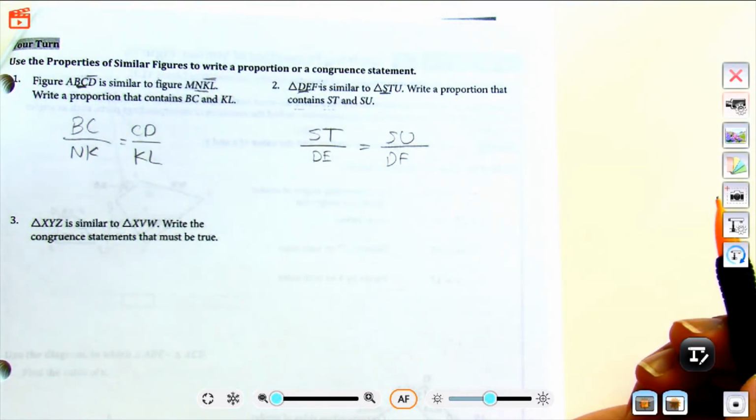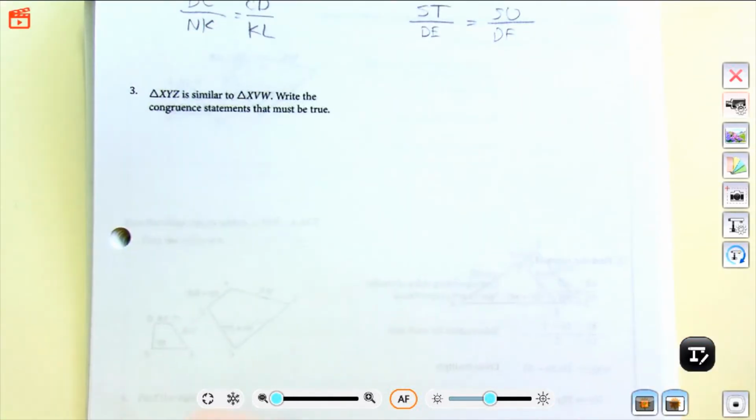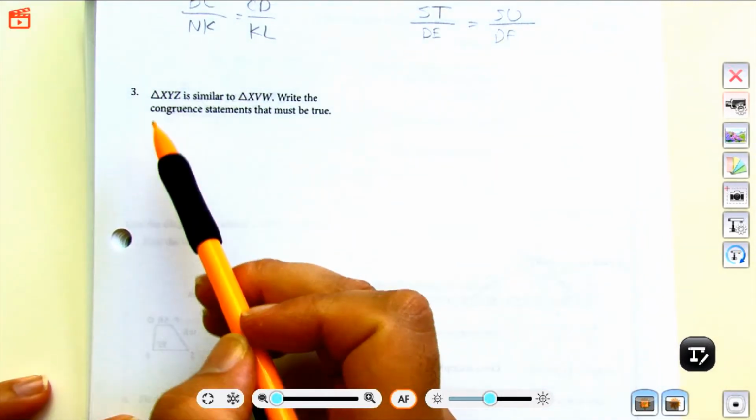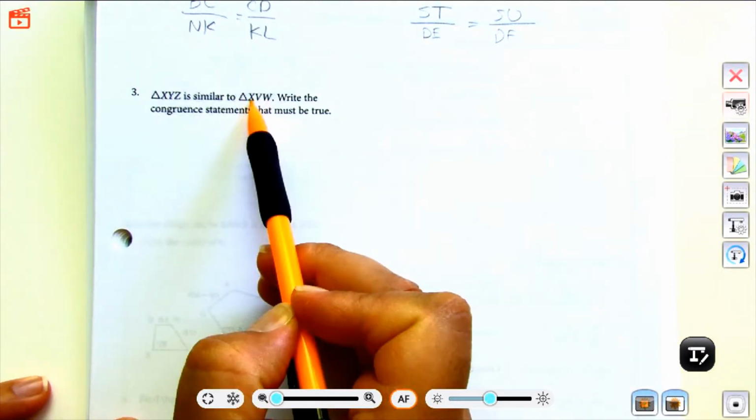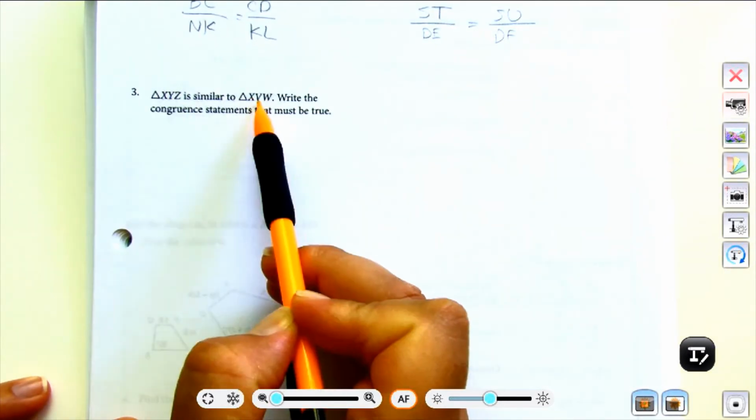Then for number 3, triangle XYZ is similar to triangle XVW. Write the congruent statements that must be true. So in this one, they actually want you to write all the angle congruent statements. So the first letter corresponds to the first letter, second letter goes to the second letter, third letter goes to the third letter.